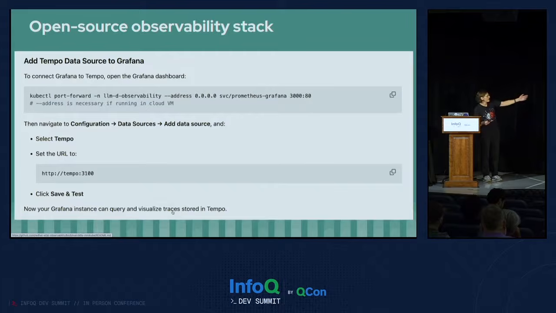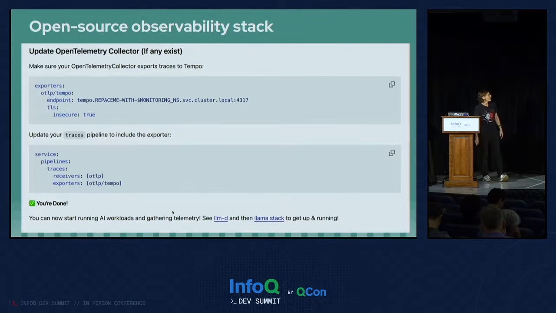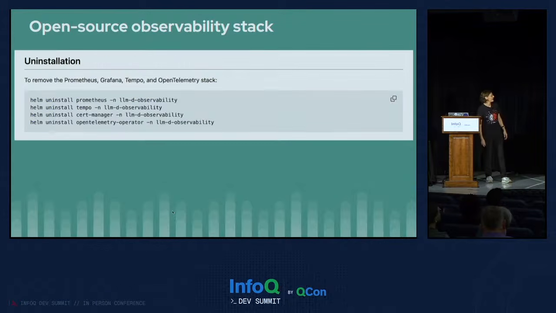You then add the data source to Grafana, and you're ready to go. In order for things to send to your tracing backend, you just need to configure that in the OpenTelemetry collector. And any good open source project will tell you how to uninstall it. But they don't all do that, and it annoys me. So there you go.